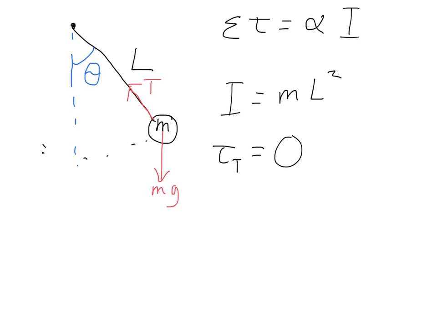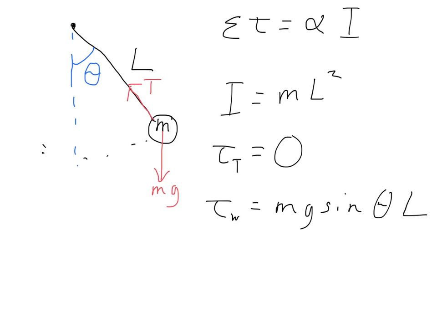So it's only going to be a component of the force of gravity that is perpendicular to the string and giving us maximum torque. So in that case, we actually could see that the torque from the weight is going to be mg sine theta, and then multiplied by the length of the lever arm, in this case, length L.